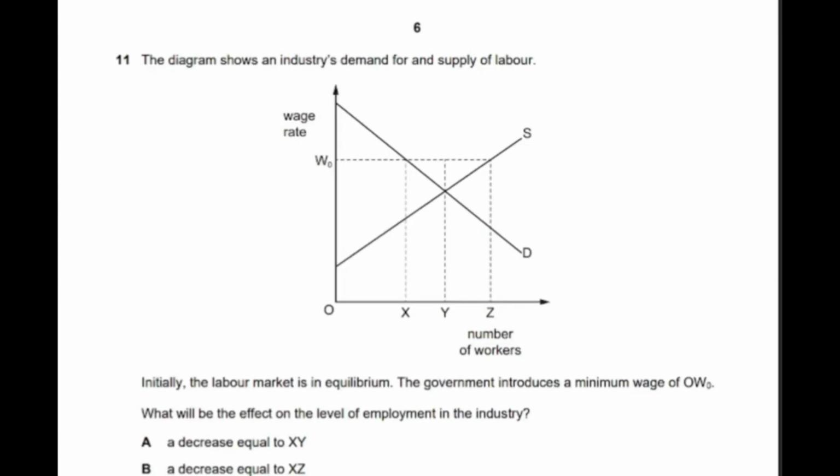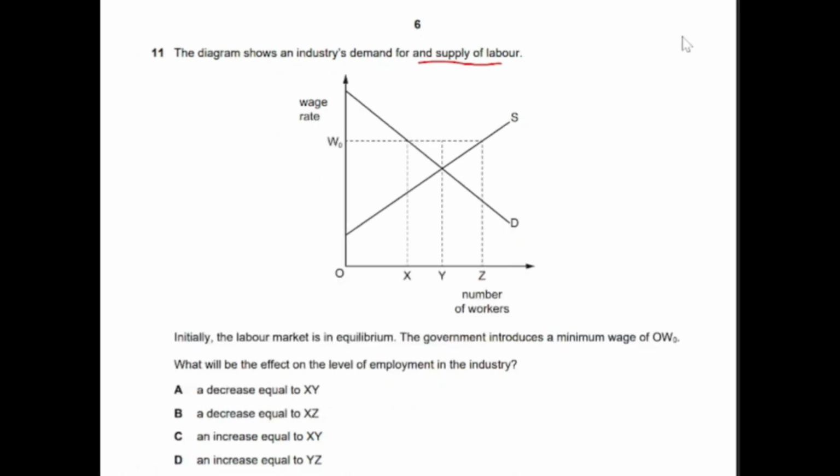Moving to question number 11. The diagram shows an industry's demand and supply of labor. Initially the labor market is in equilibrium, right? So this is the equilibrium point where demand and supply of labor meet each other.